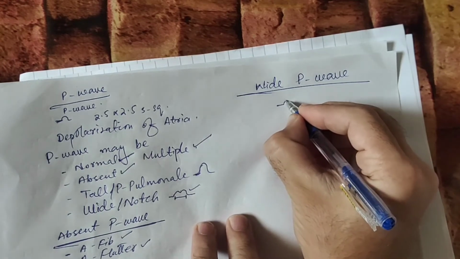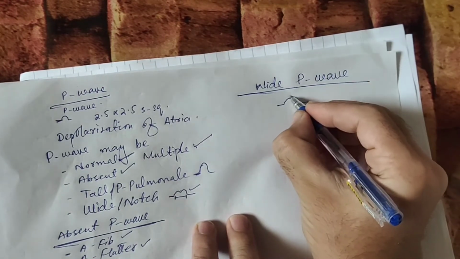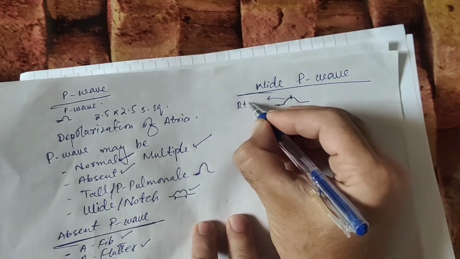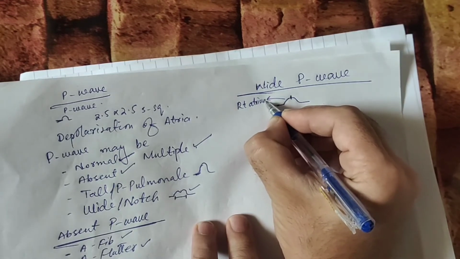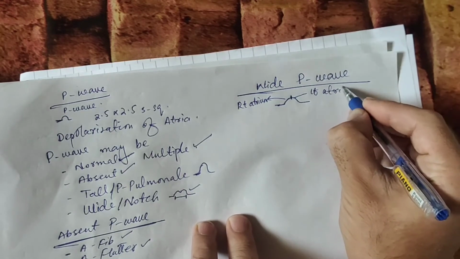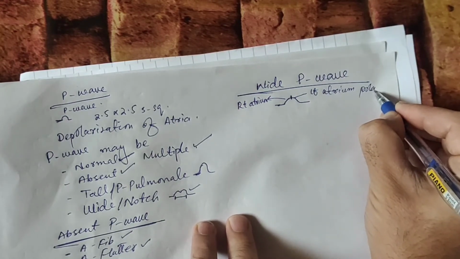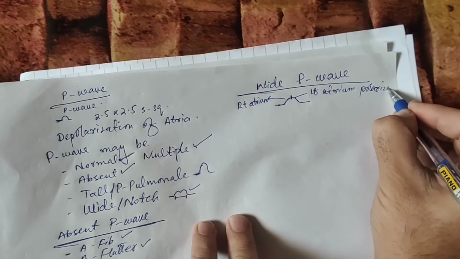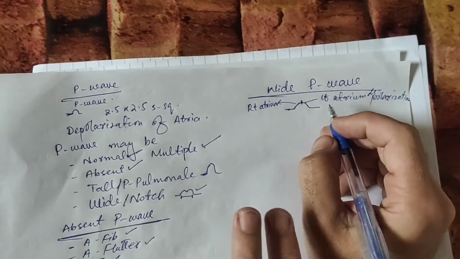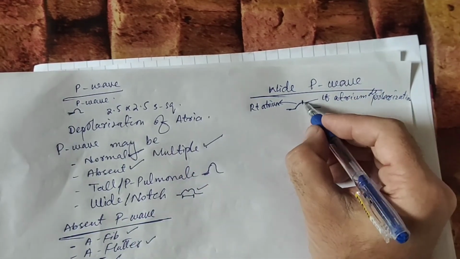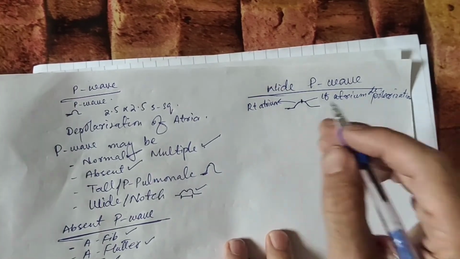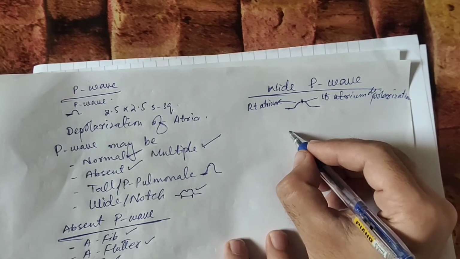Here is the normal P-wave. Up to this place we have right atrial depolarization, and this is for left atrial depolarization. When the right atrium is normal and the left atrium is enlarged, more time is taken by the left atrium for depolarization.